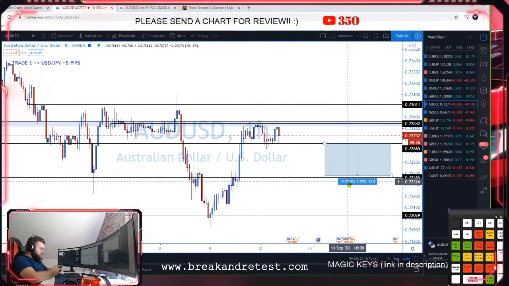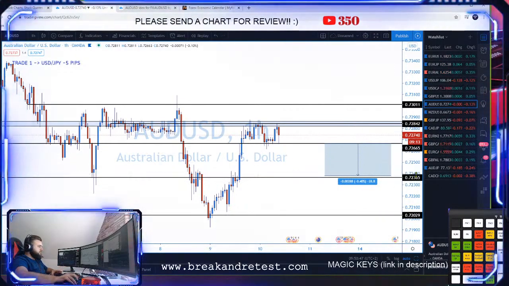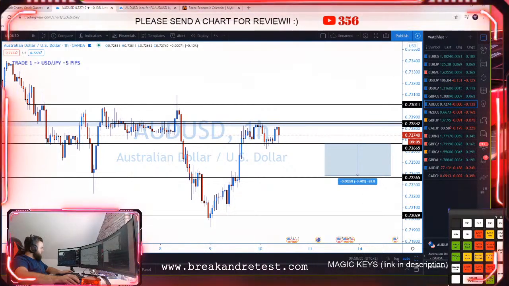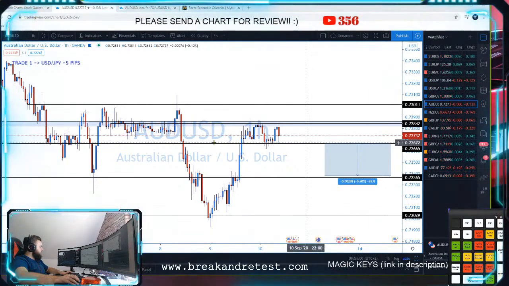Gold has created a small consolidation box, needs to break that for more continuation. Let's see, after this candle, this hourly close, we'll see what we can do.